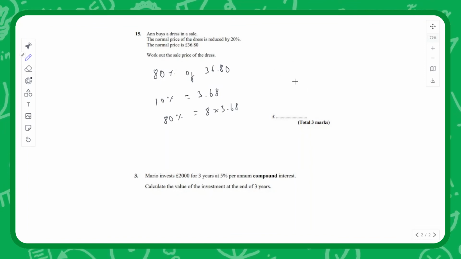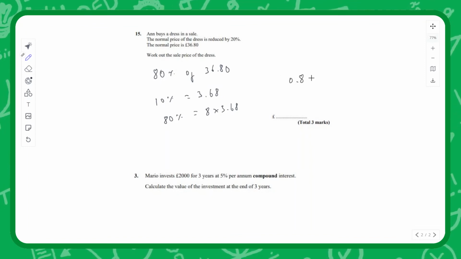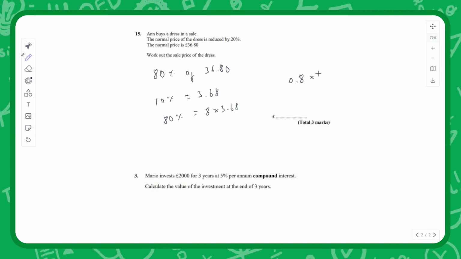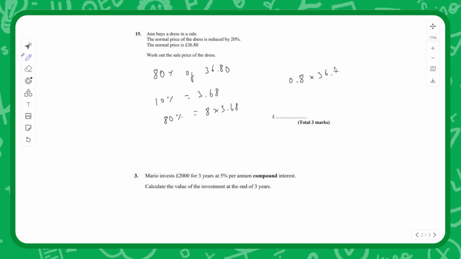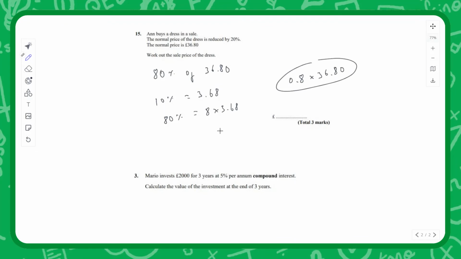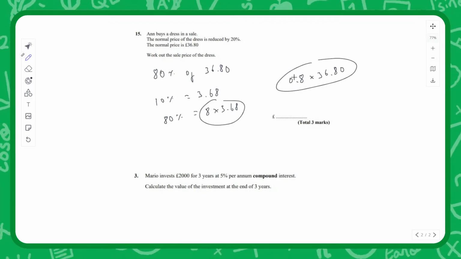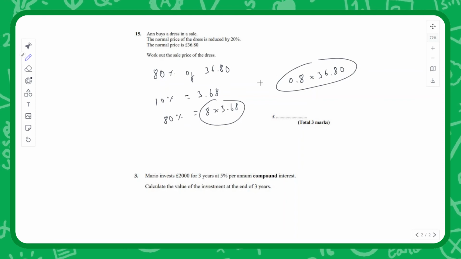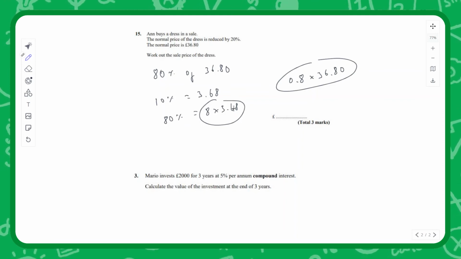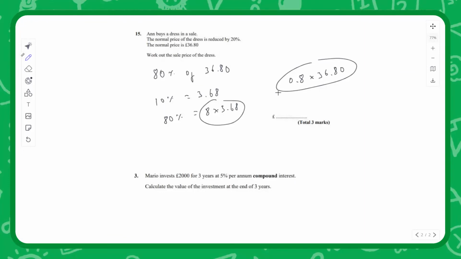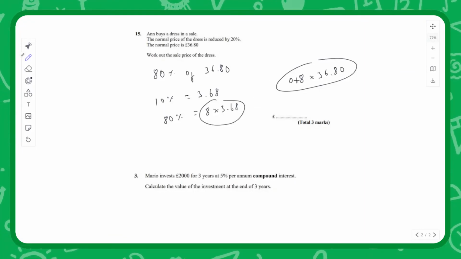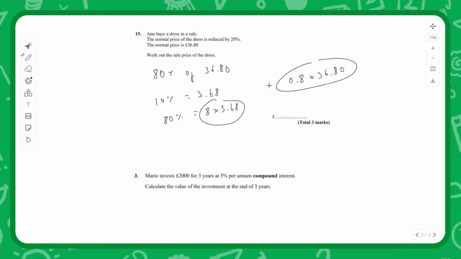As a decimal, it's 0.8, and we can do 0.8 times 36.80. Both methods, and I'm not going to do the calculation, are the exact same again, right? 0.8 is 10 times smaller than 8. 36.80 is 10 times bigger than 368. And so both of these will give us the exact same answer. Again, it's just two different ways of thinking about this problem.